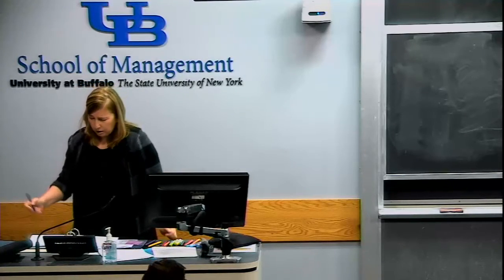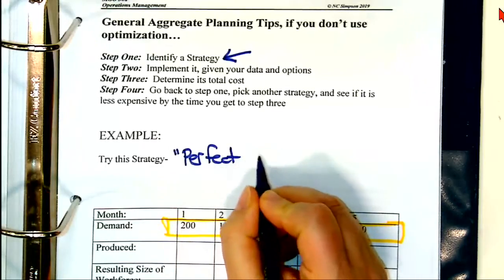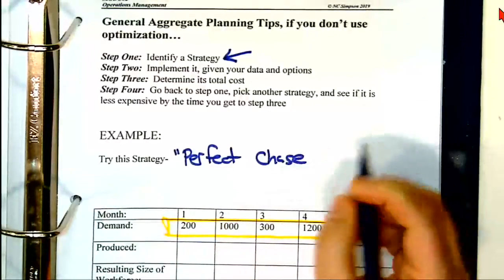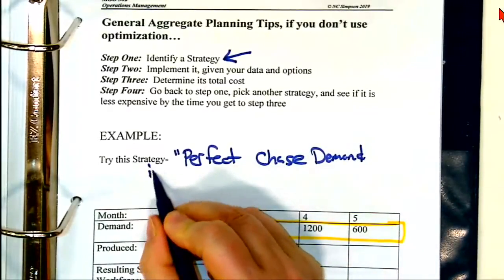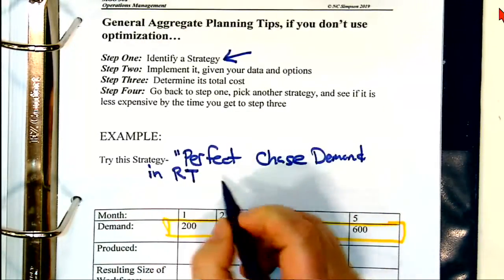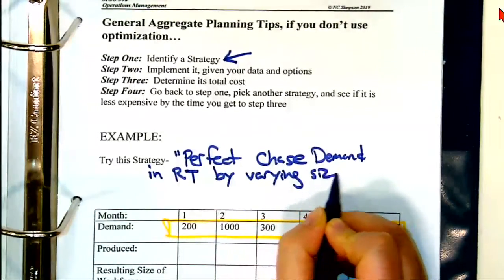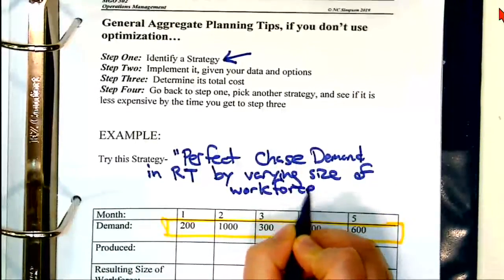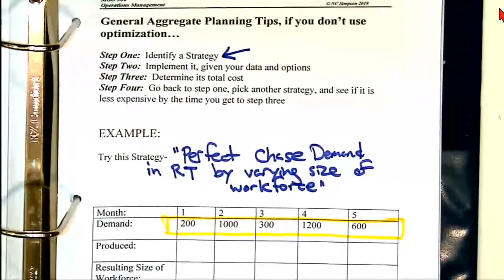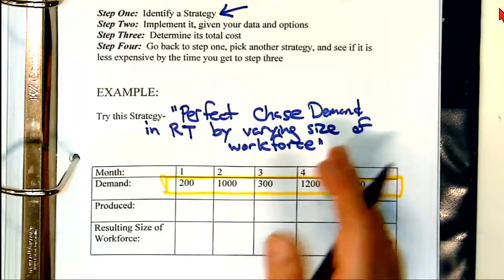You say, all right, I'm going to explore, for instance, this is just the example that I worked in my notes, perfect chase demand in regular time by varying the size of the workforce. So I articulate that.